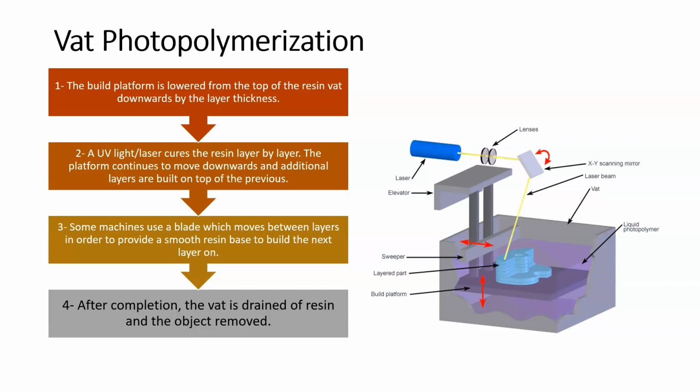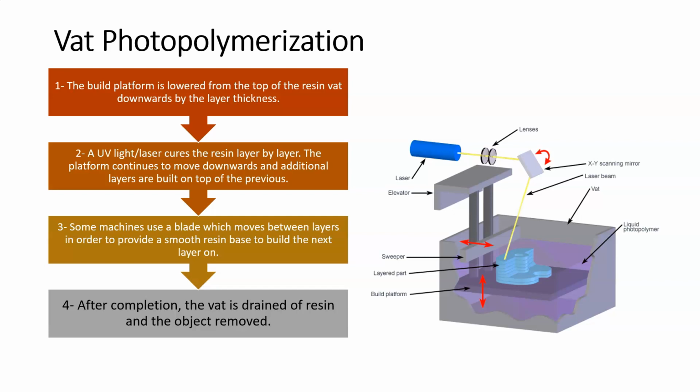So in this example, in the SLA process, the build platform is going to move down, and each new layer that's exposed on the build platform is going to be selectively cured by the light source. So building on the next, the build platform is going to continue moving down.